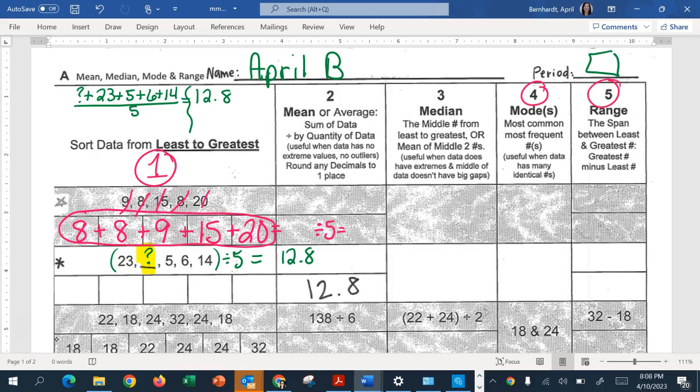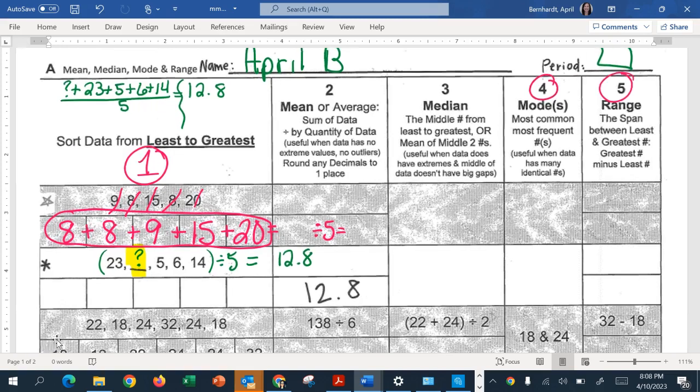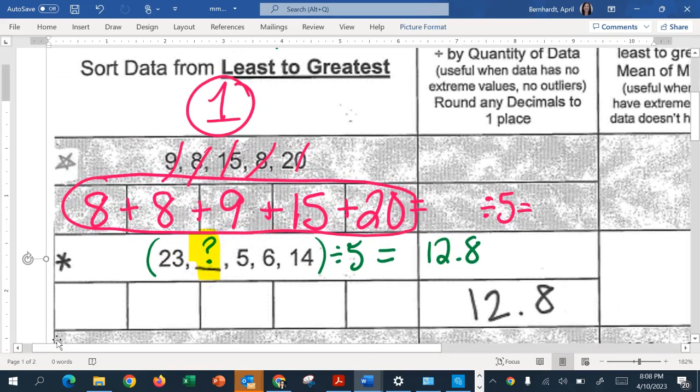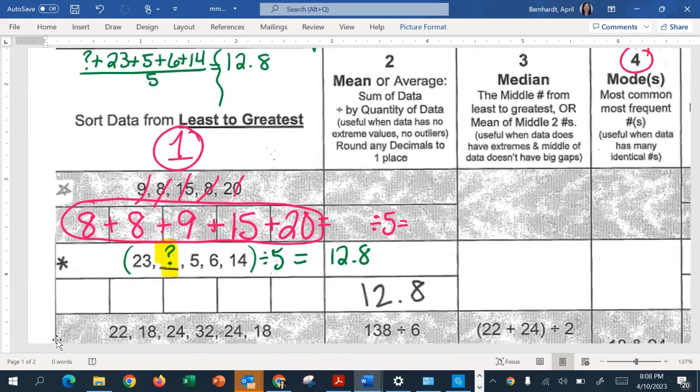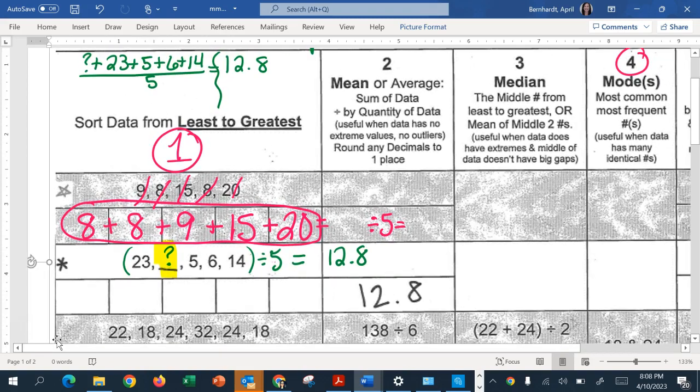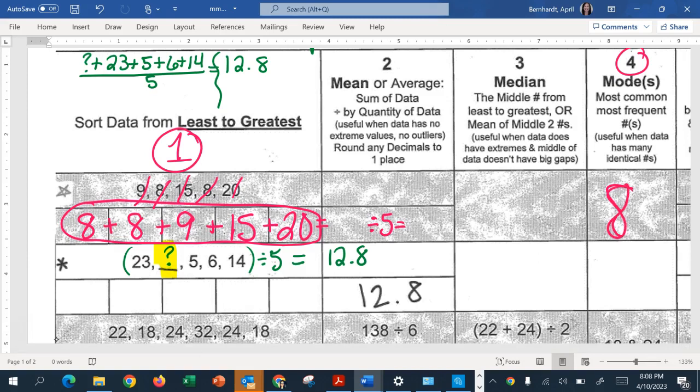Remember, mode means the most frequent number, if there is any. Are there any numbers in our data set that occur more than the rest? Yep, the number 8. It's the most popular number, so our mode is 8.